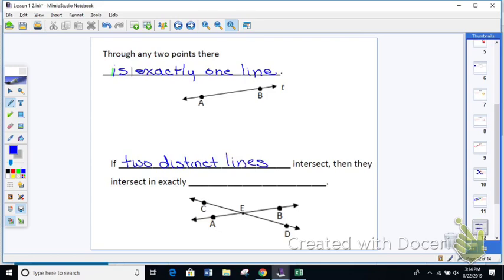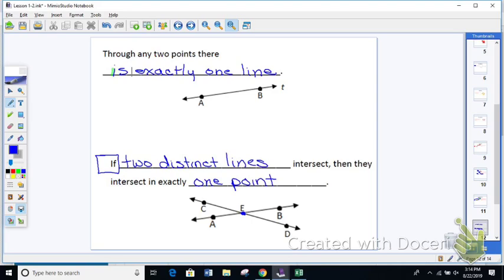Okay, they're intersecting in this diagram at point E, so they intersect in exactly 1 point. This postulate started out with the word if. Okay? If the lines intersect, they intersect only one place. It doesn't say that all lines intersect.